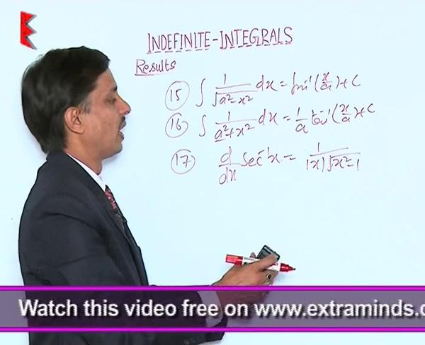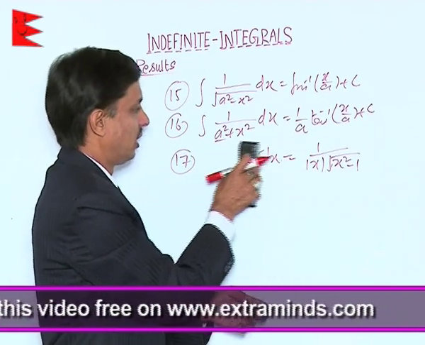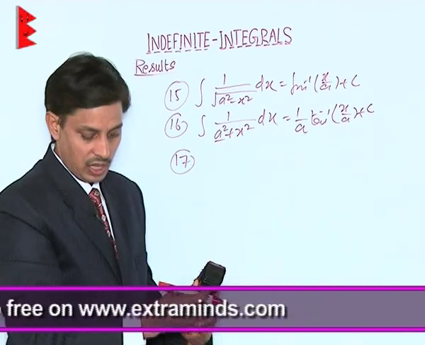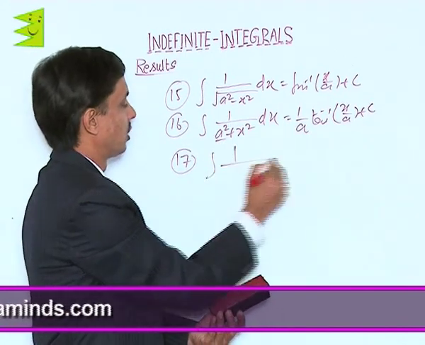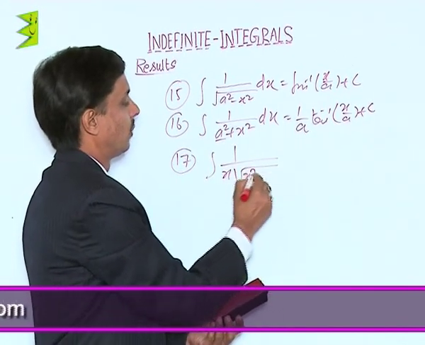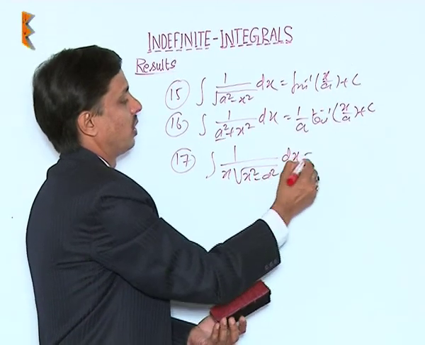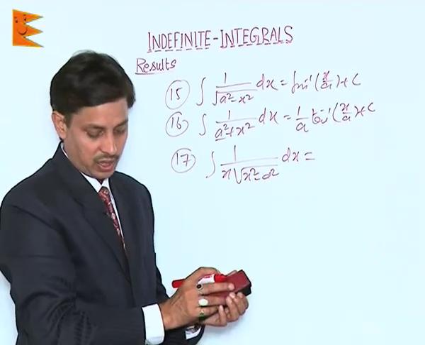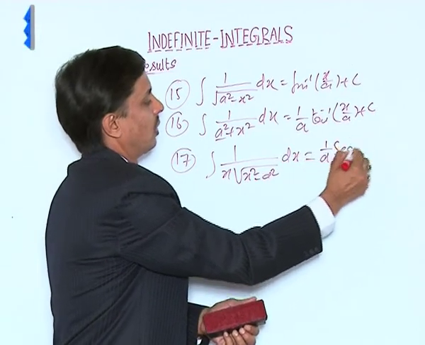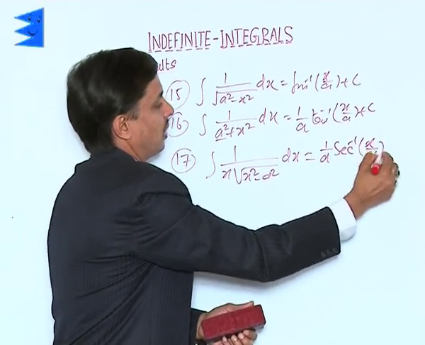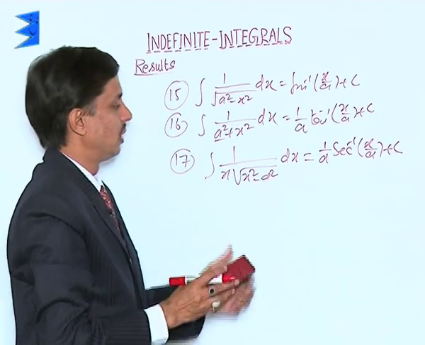So if we apply the formula of the antiderivative, the integration of 1 upon x into root of x square minus a square dx gives the result 1 upon a sec inverse of x upon a plus c.